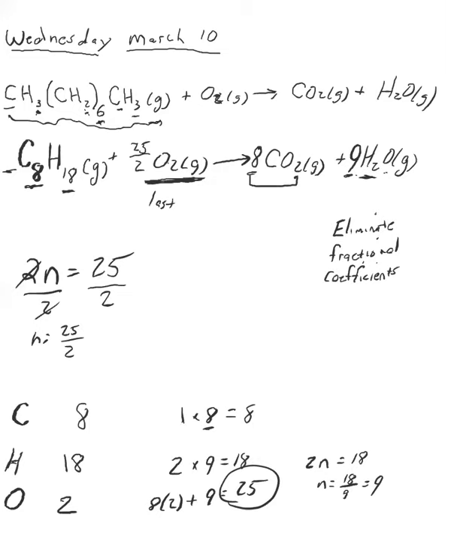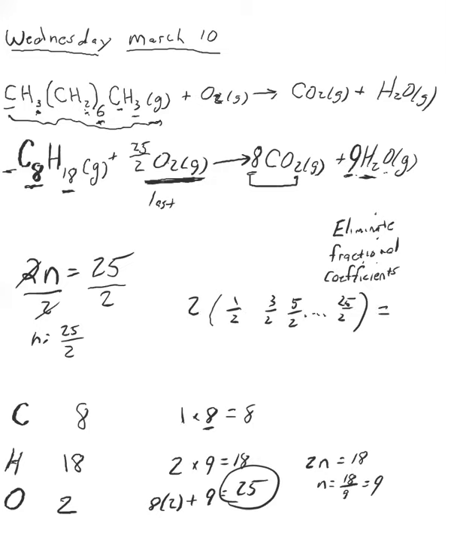So what we're going to do to eliminate the fraction, meaning the 25 halves, is just multiply by the smallest number possible that gets rid of the fraction. So if you have a fraction that's a half, some multiple of a half, like a half or 3 halves or 5 halves, all the way up to as many as you want to go, for example, 25 halves, multiplying that by 2 eliminates the fraction.